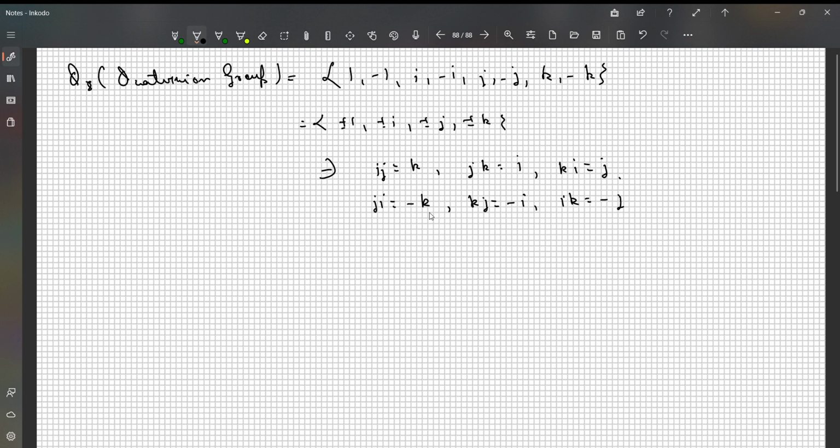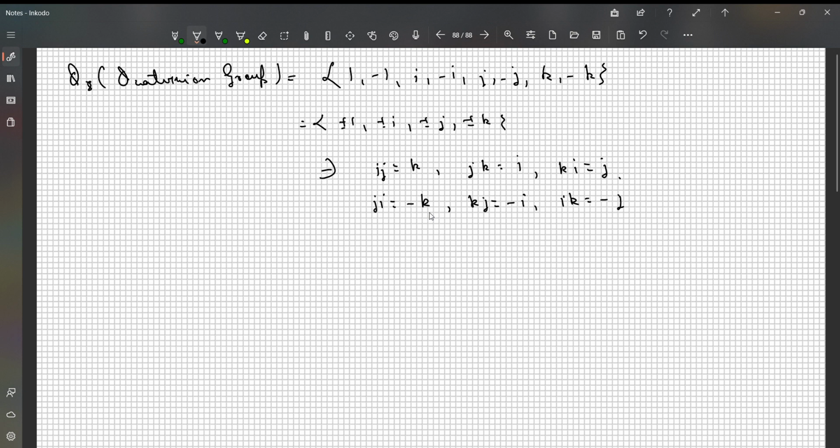Sorry, not 1, it's minus 1. i squared is minus 1, j squared is also minus 1, and k squared is also minus 1. You can think of them as being relative to the complex numbers. Pretty easy to understand, nothing of that difficult sort.